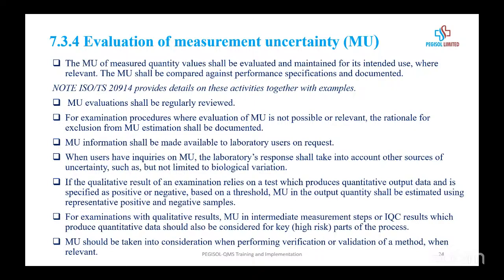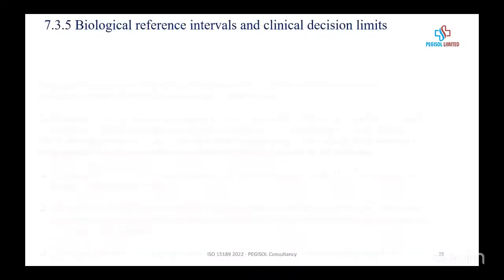When users have inquiries on MU, the laboratory response shall take into account other sources of uncertainty, such as but not limited to biological variations and so on. MU shall be taken into consideration when performing verification or validation of a method when relevant. For examinations with qualitative testing, MU in intermediate measurement steps for accurate results, which produce quantitative data, shall also be considered for key high-risk parts of the process.